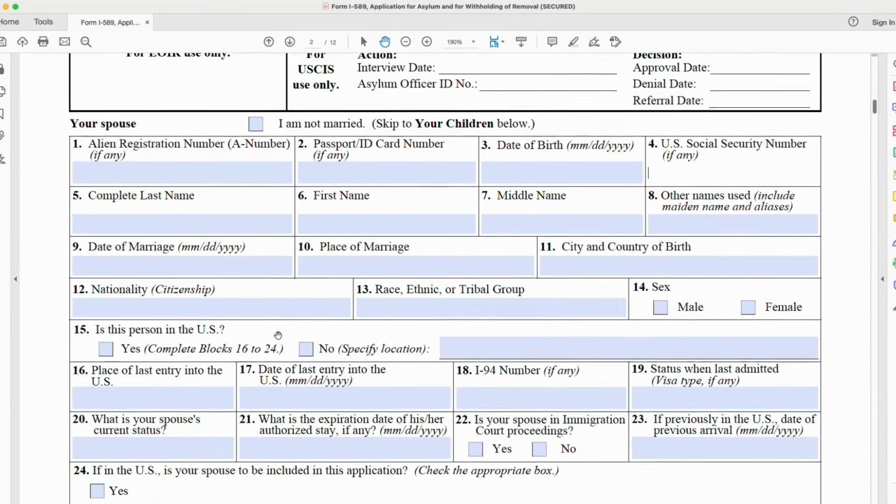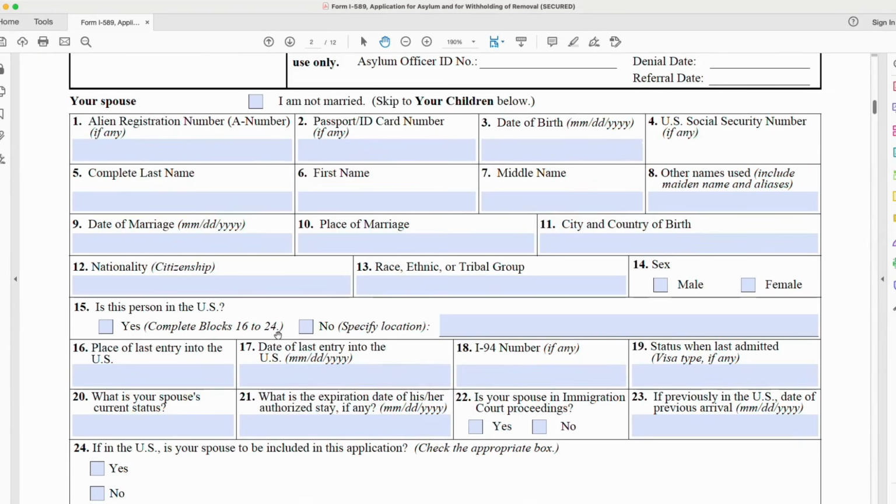Next, write your spouse's full name on questions 5, 6, and 7, starting with their last name, then first name, then middle name, if they have one. Question 8 asks if your spouse has ever used a different name, for example, a maiden name. On question 9, write the date you got married to your spouse.